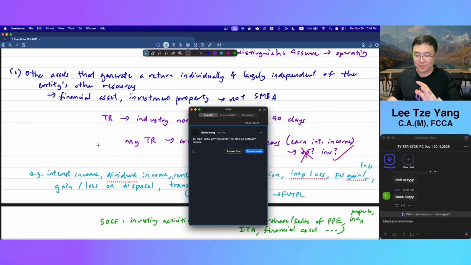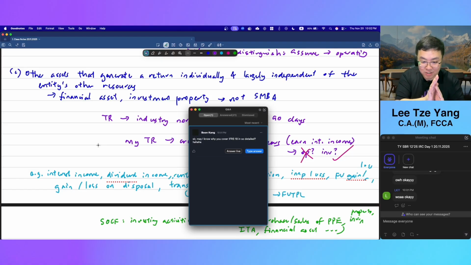It's just that all this while, in my full course or in our previous revision videos, we never talked about operating, investing, or financing category. Sometimes our students will say, hey teacher, for this standard, do we use operating, investing, financing? This kind of question comes up a lot. So I think we need to have more detailed guidance on this.